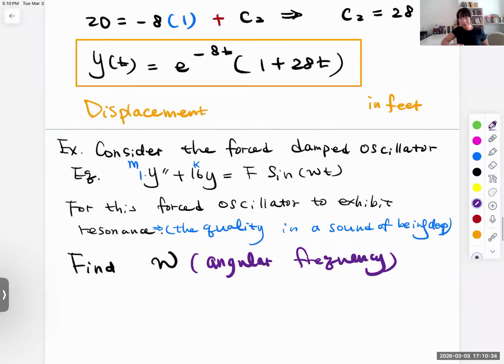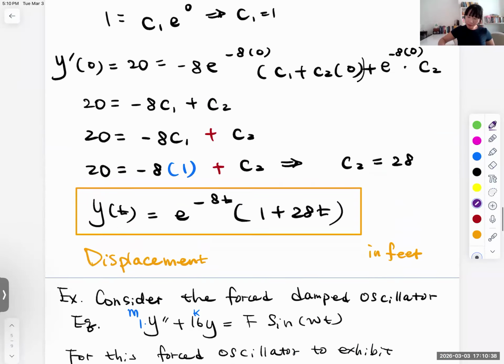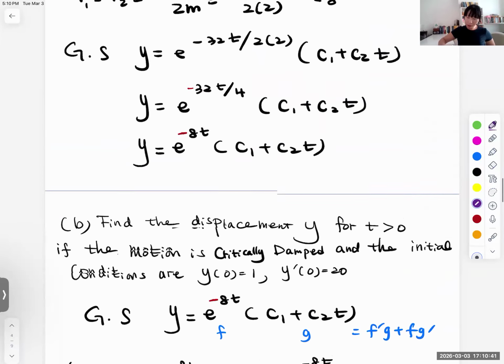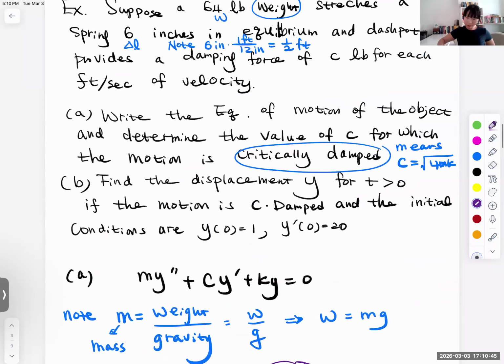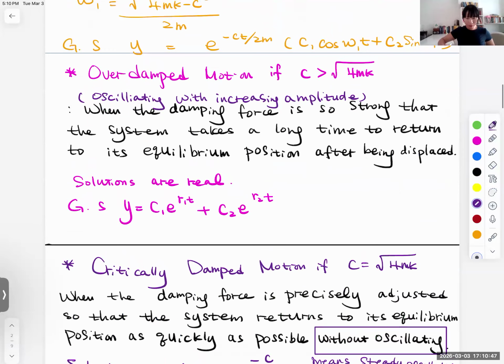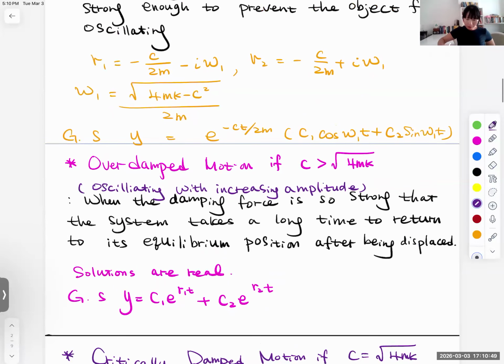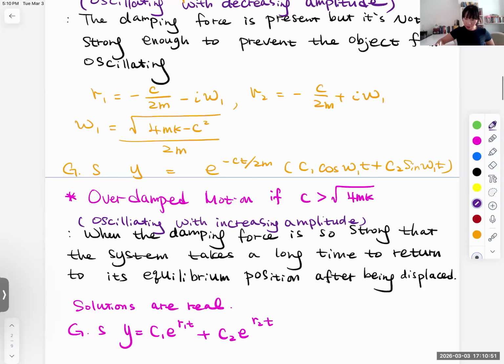Okay, then did we have a formula before for omega? We don't, right? So only this one, omega sub 1 is this one, right?